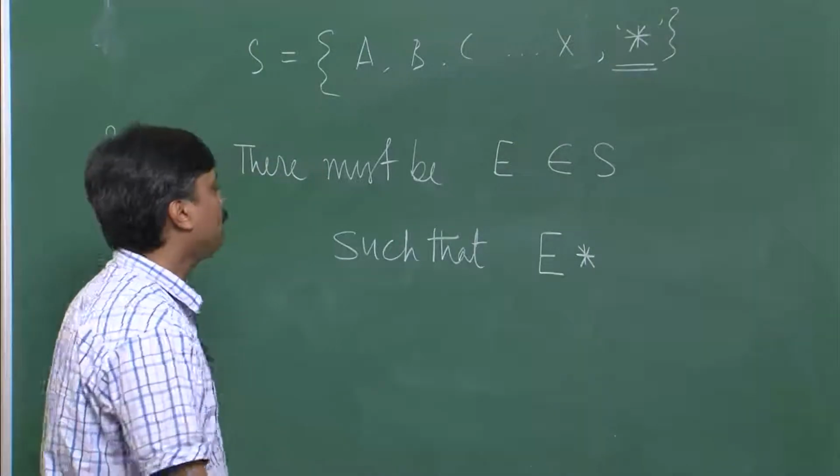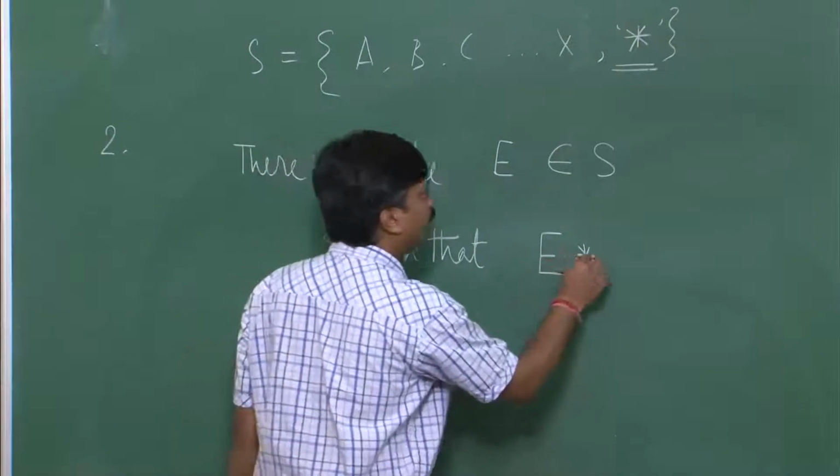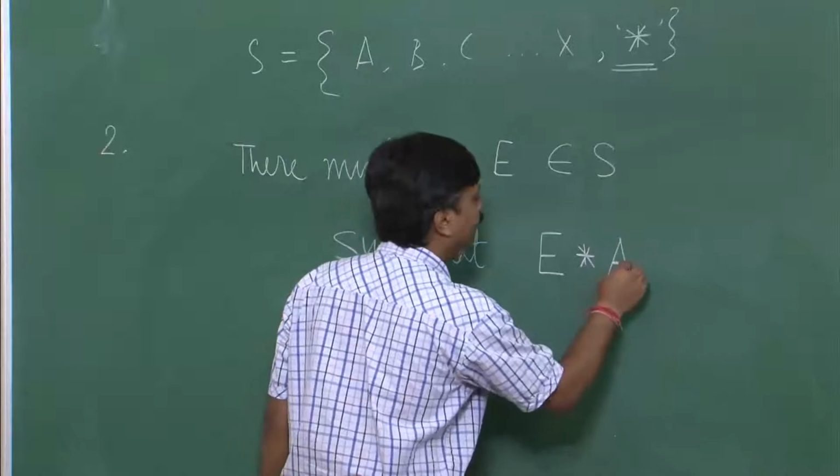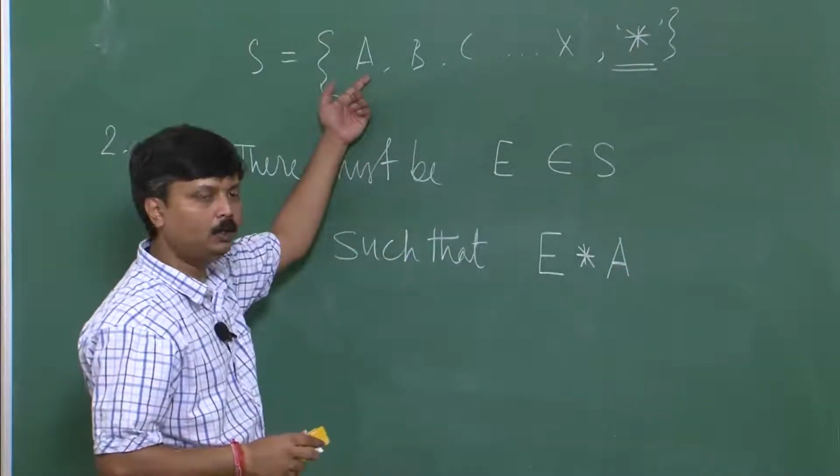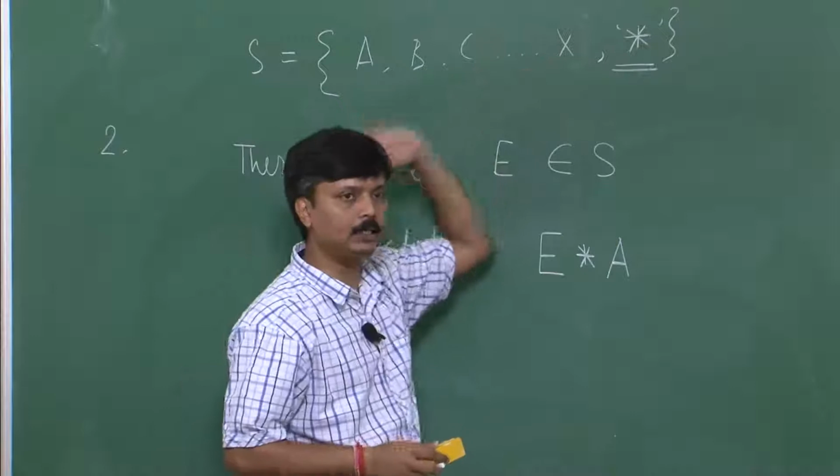So I have E star A. Now, A is an element of this group; I can take any such element.